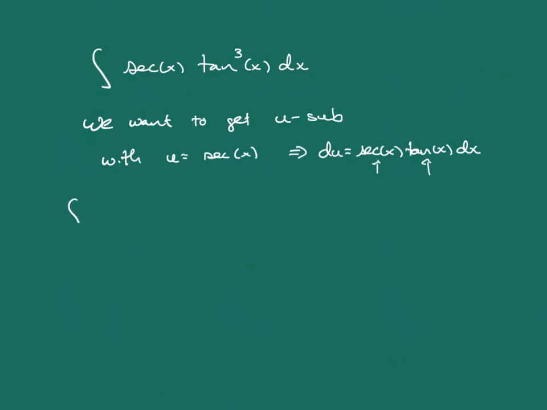Well, we take our integral of secant tangent cubed. We take out a secant and a tangent, so that we've got a tangent squared, and then we've got our secant of x, tangent of x, dx.